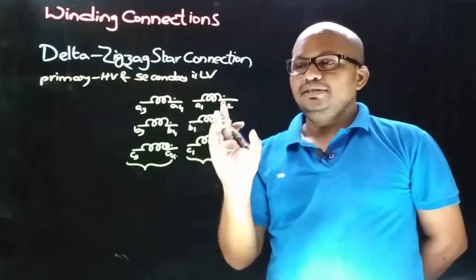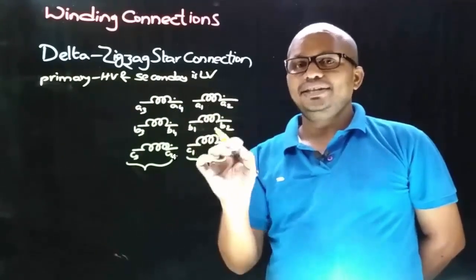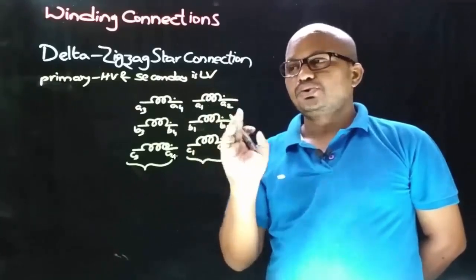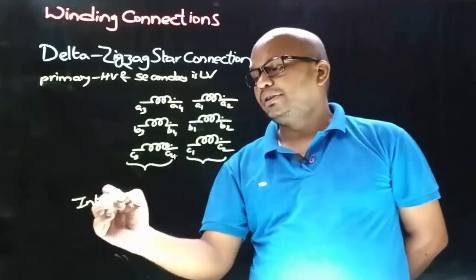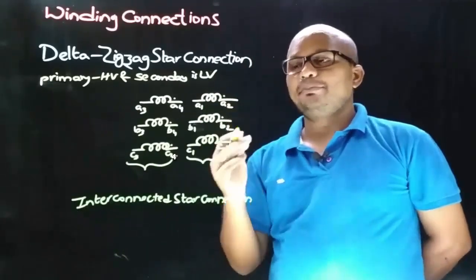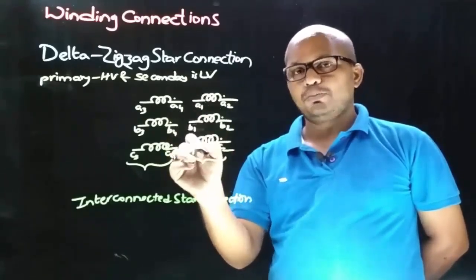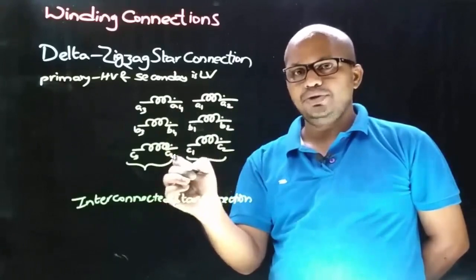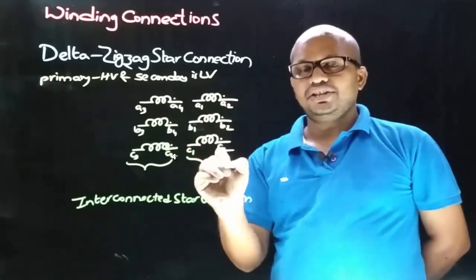On the LV side we have zigzag star connection, which is why the notations are in small case. In zigzag star connection, one half of the LV winding is connected in star, which is why zigzag star connection is also called interconnected star connection. That star connection can be obtained either by joining the non-dotted terminals to a common point and giving it to ground, or by joining the dotted terminals and connecting it to ground.